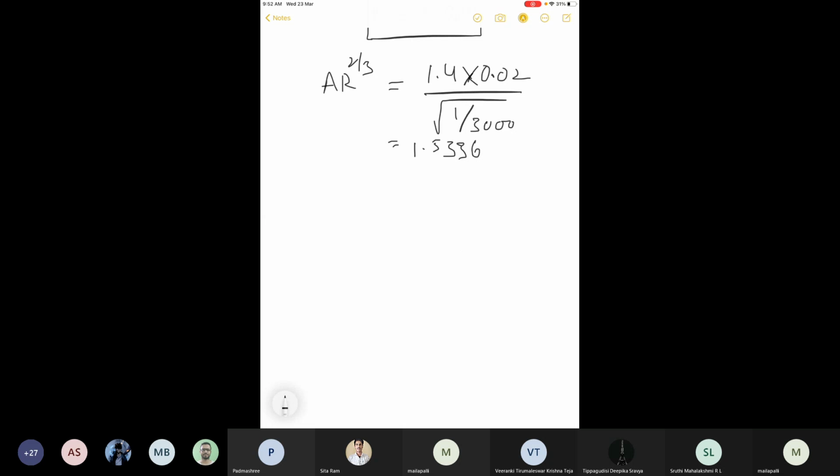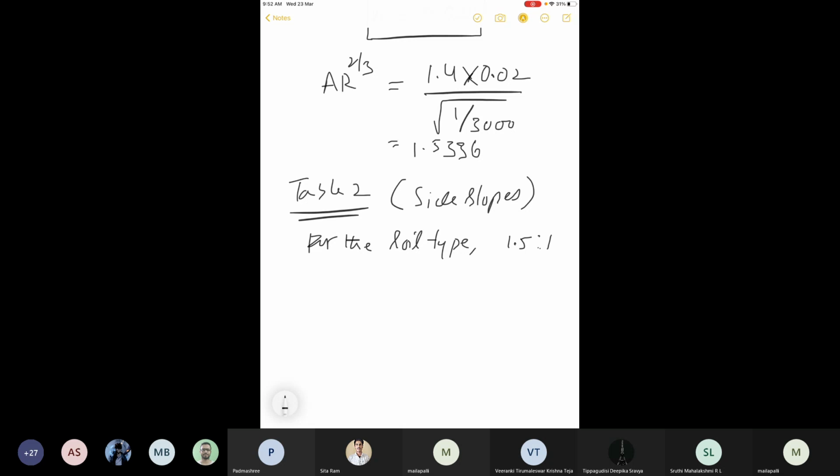Okay. So again, from table 2, I just explained, for the side slopes for trapezoidal channel, and also for the particular soil type, a side slope of 1.5:1 is recommended from the table. Okay.